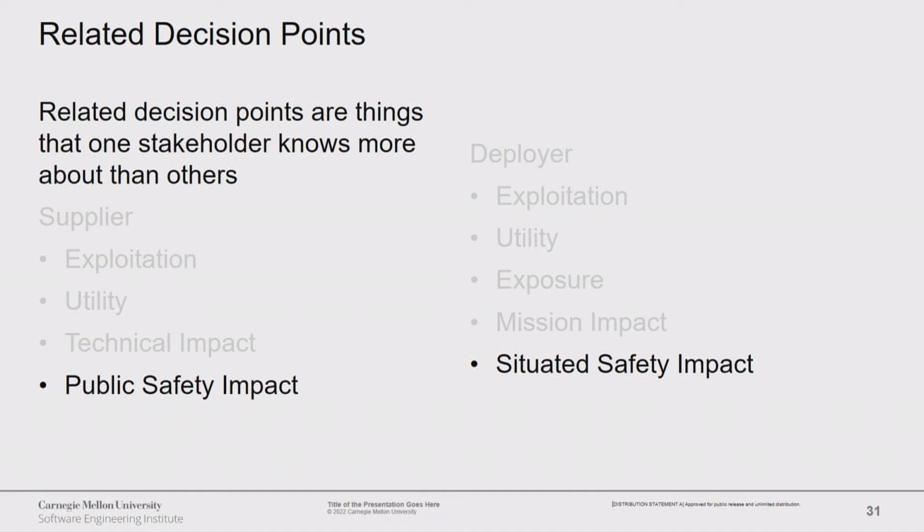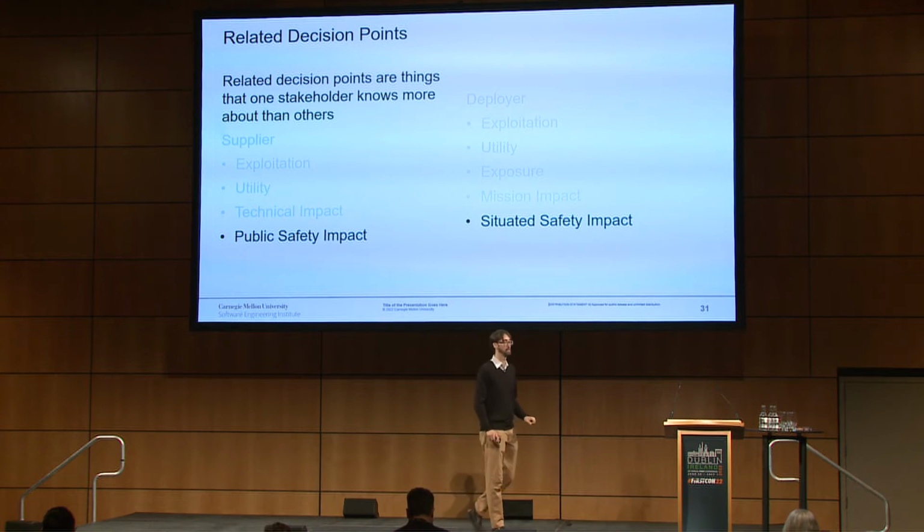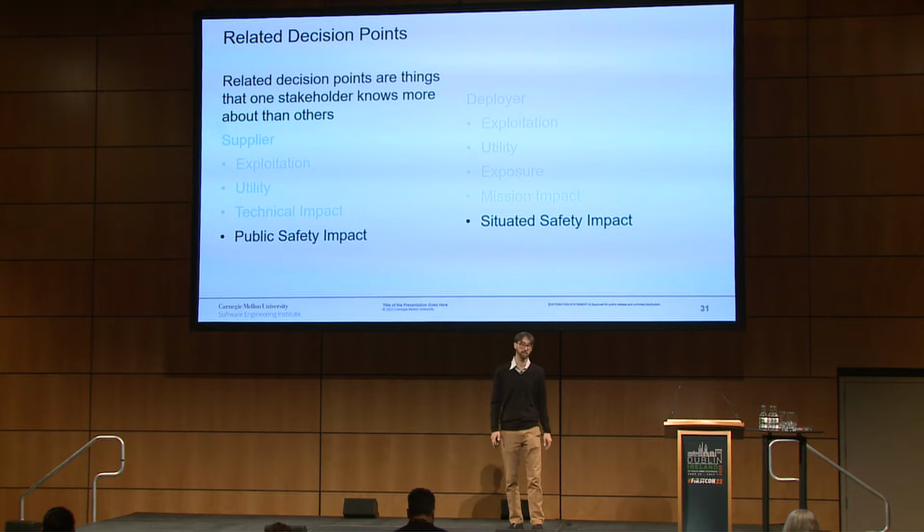VMware in particular knows that it's not supposed to be used for anything that's going to kill people. So public safety impact only really has people will die, people will not die, right? For situated safety impact, you might know a little bit more, like this PLC is deployed in the robotic arm that can reach people, whereas the other ones are not.